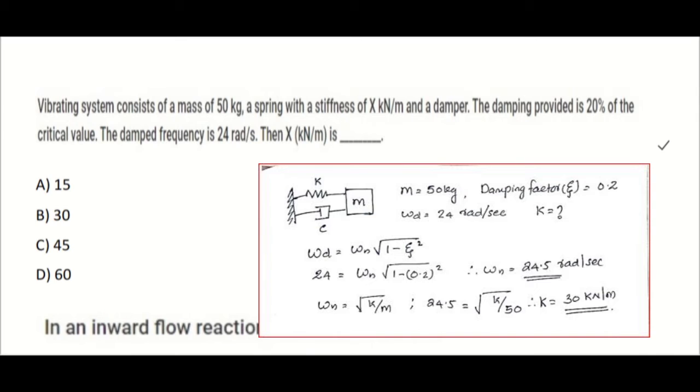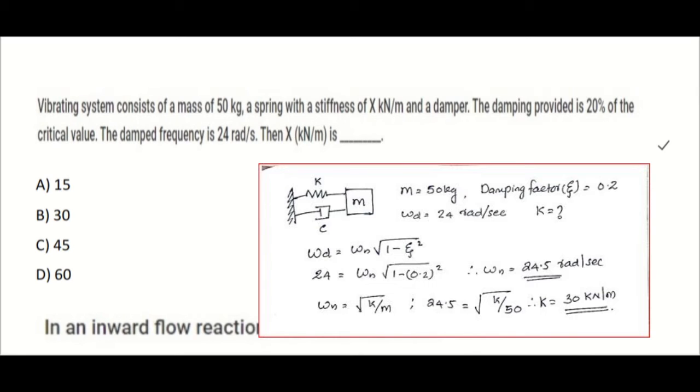We know that omega d is also given. The damped frequency omega d is equal to omega n root of 1 minus eta square. So substitute the omega d value and eta value, then from that we can find the omega n value. Omega n will be equal to 24.5 radians per second.